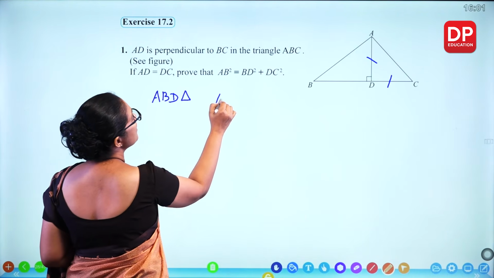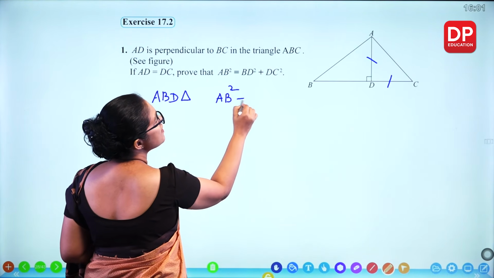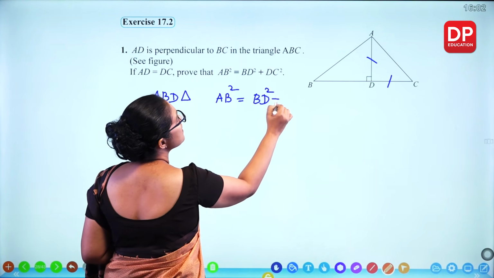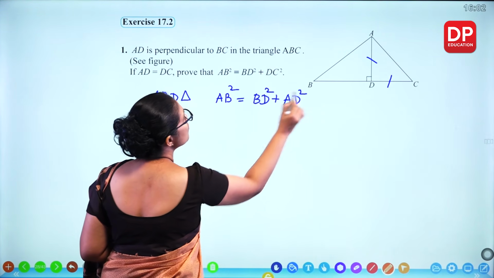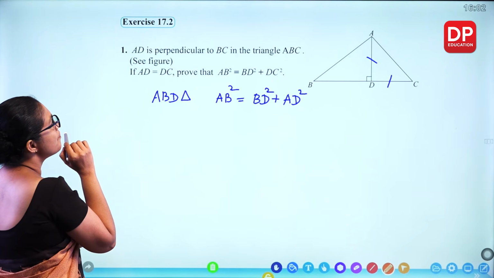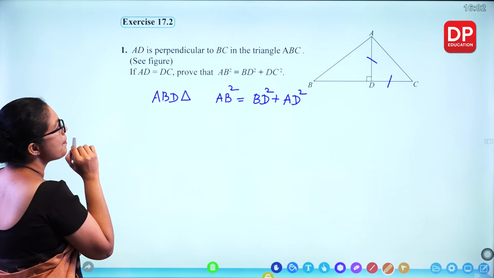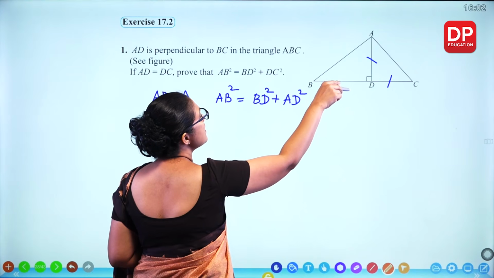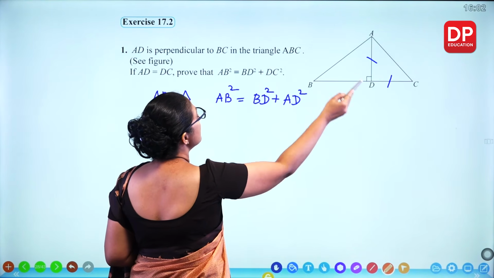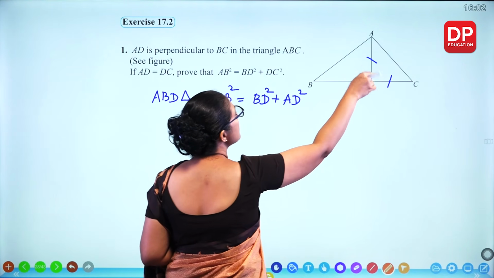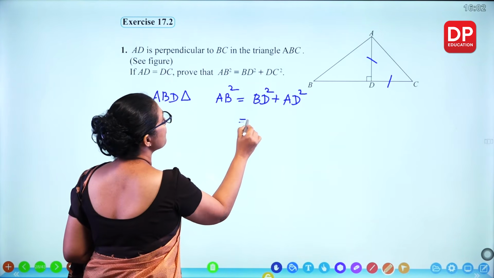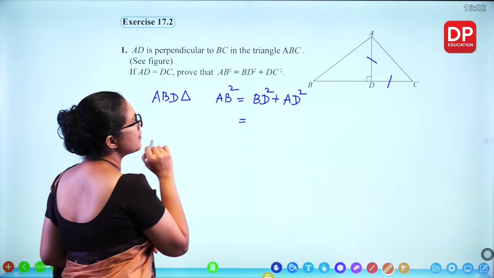What's AB squared? AB squared is equal to BD squared plus AD squared. Then I can write AD squared using this one. AD squared is same as CD squared.